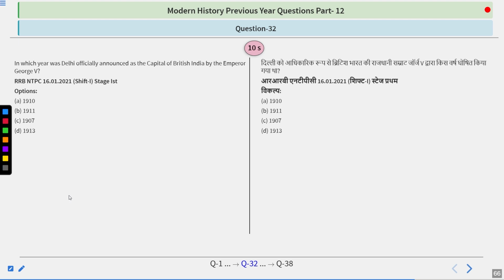In which year was Delhi officially announced as the capital of British India by the Emperor George V? So simple question, the way of asking is different. Options are 1910, 1911, 1907 or 1913. Take your time.